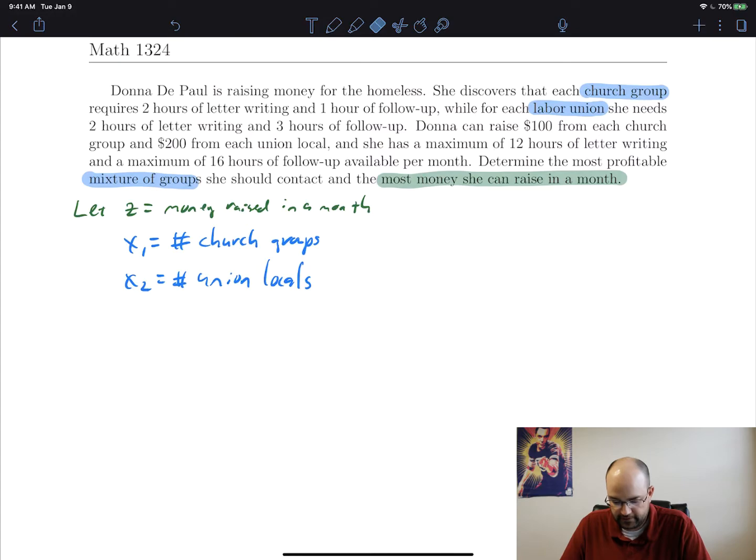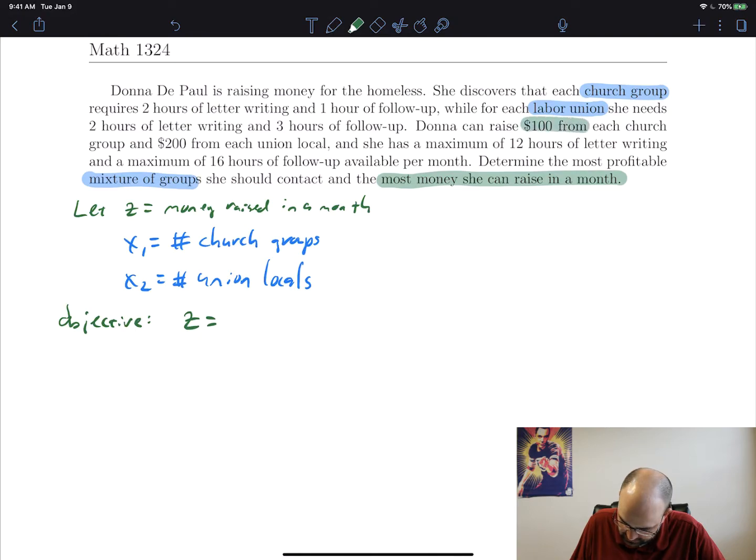We now need to figure out a couple of conditions. We need, first of all, the objective. How can she figure out how much money to earn? Well, she raises $100 from each church group, so that means 100x1, plus $200 from each union local, so plus 200x2.